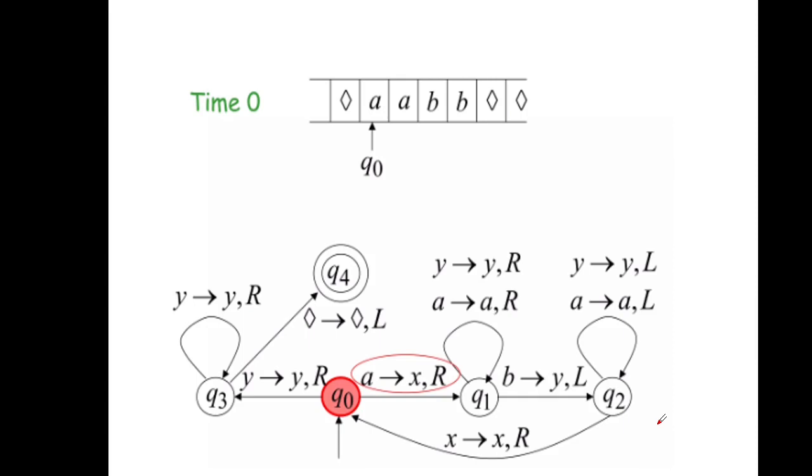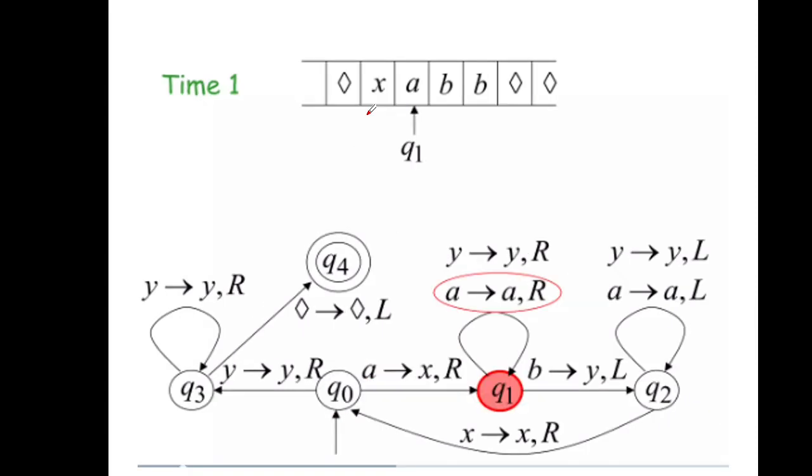This is time step 1, it takes A. Time step 2, it reaches state Q1 from Q0, takes the symbol A, and stays in the same state because of the self loop.